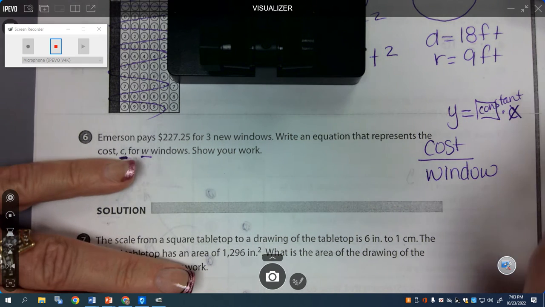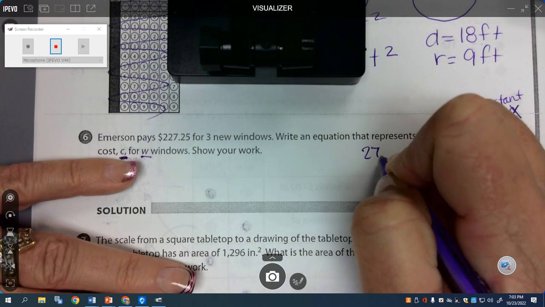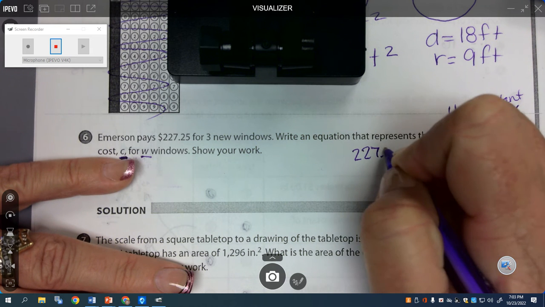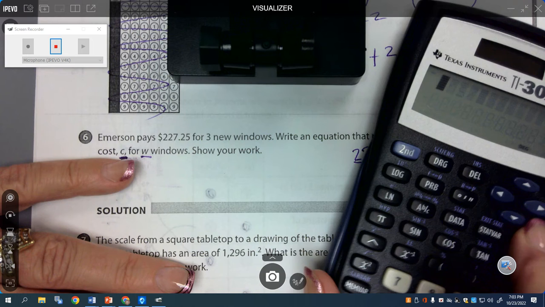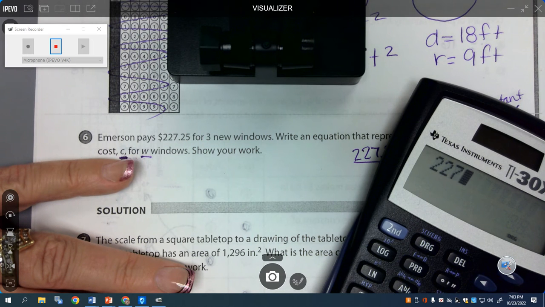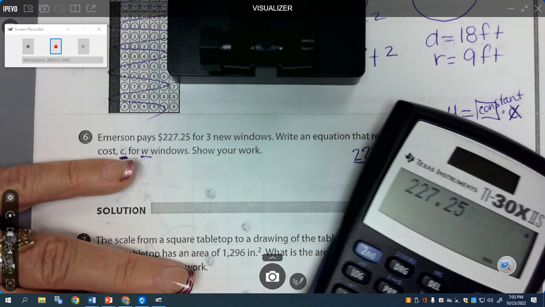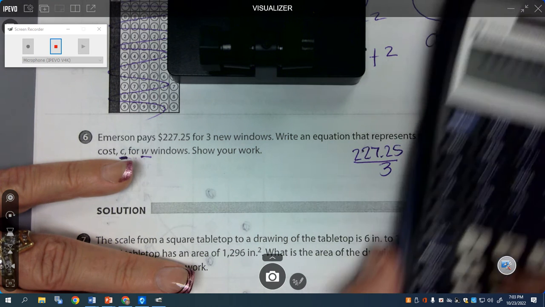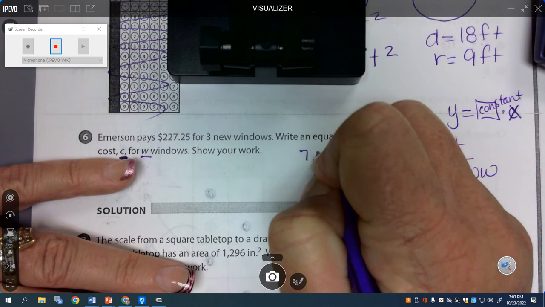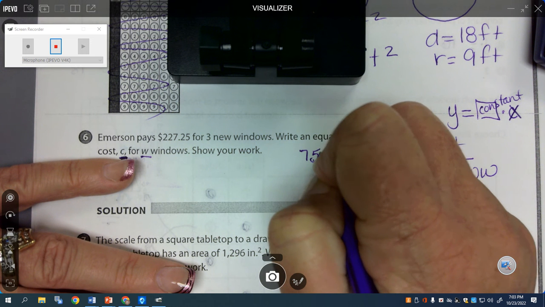To find it, we're going to take 227 and 25 cents and divide by 3. I'm not looking to see if you can divide those on your own. I'm looking to see if you can find the constant. So my constant is $75.75. Wow, I can't write today.